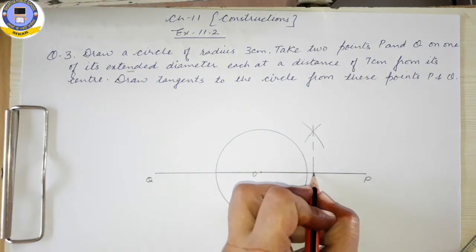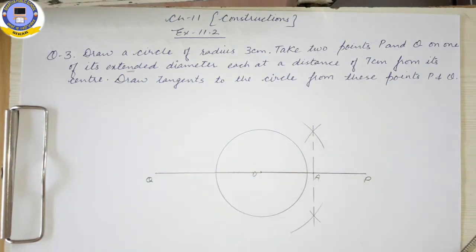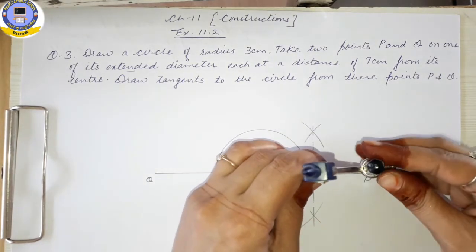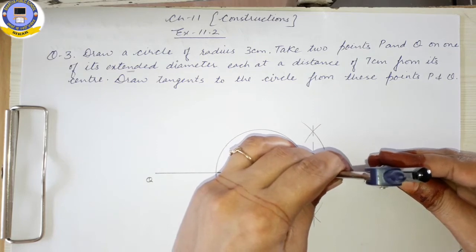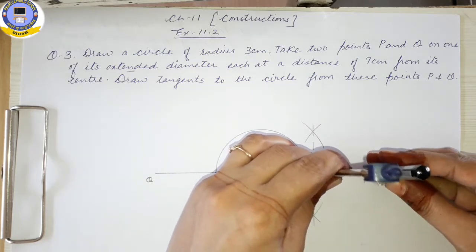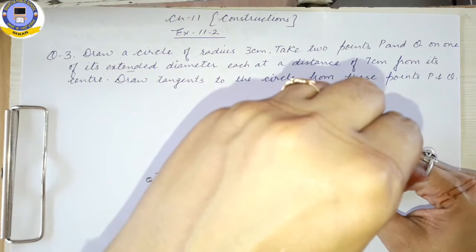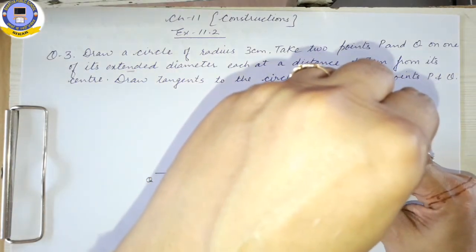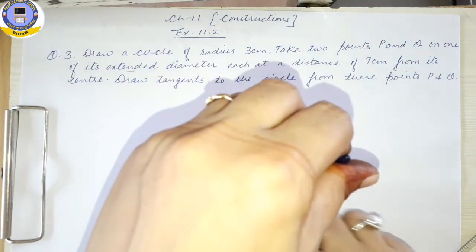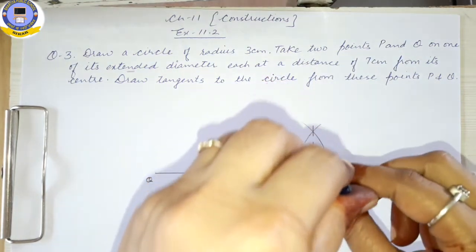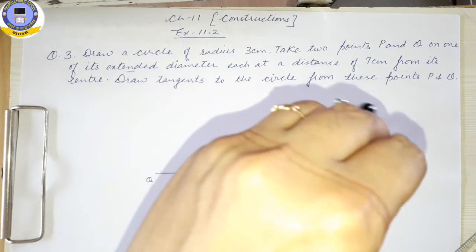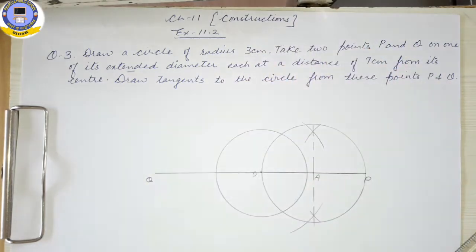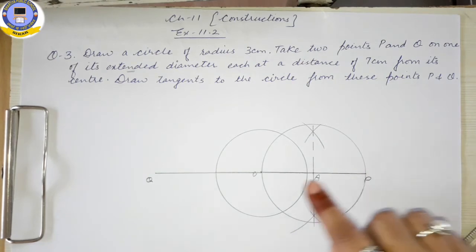Let this point be A. Okay, now taking A as center and AP as radius, either AP as radius or AO as radius, both are same things. ठीक है, taking A as center and AO or AP as radius, draw a circle. Draw a circle which must pass through P and O.